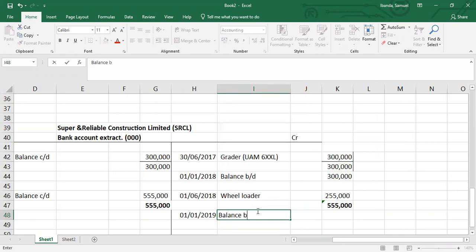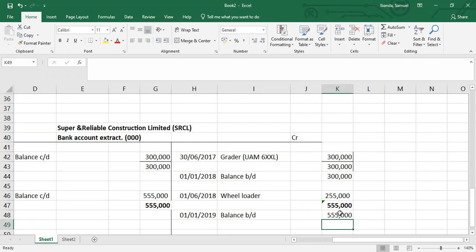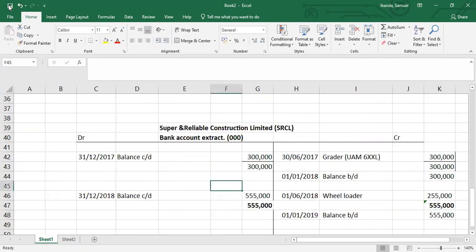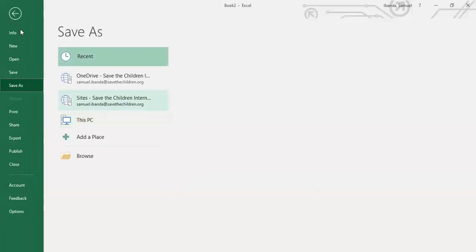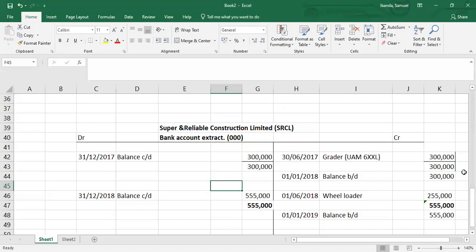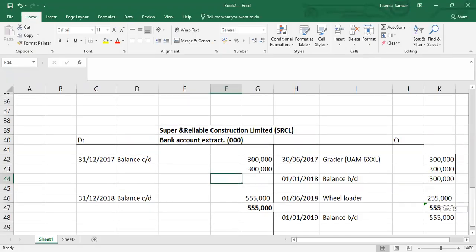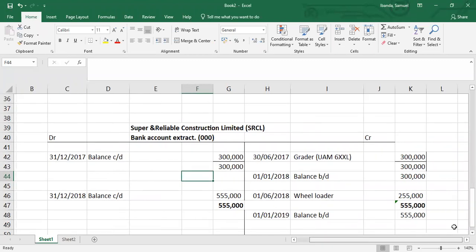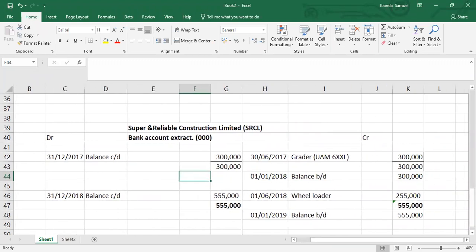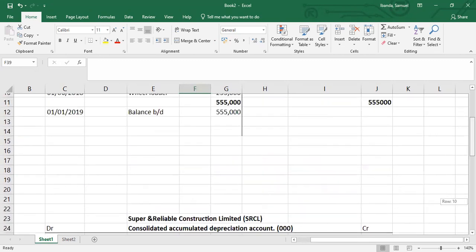Balance brought down. This is 55, like that. Okay, sorry. So this is 55, okay, like that. So I'm done with 2018.